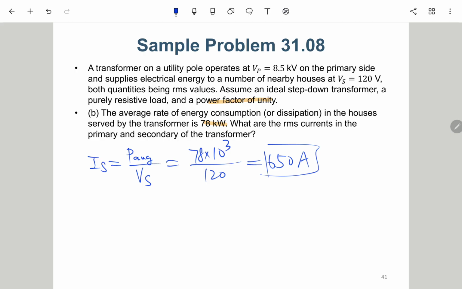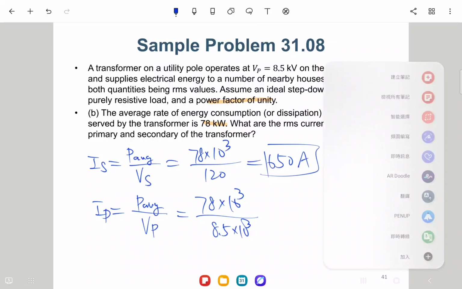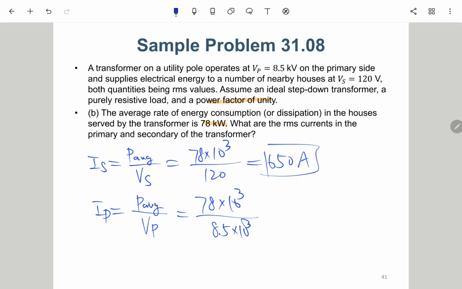But for the primary coil, I_P will be P average over V_P. So this is 78 times 10 to the third power over 8.5 times 10 to the third power. So this is 9.28.